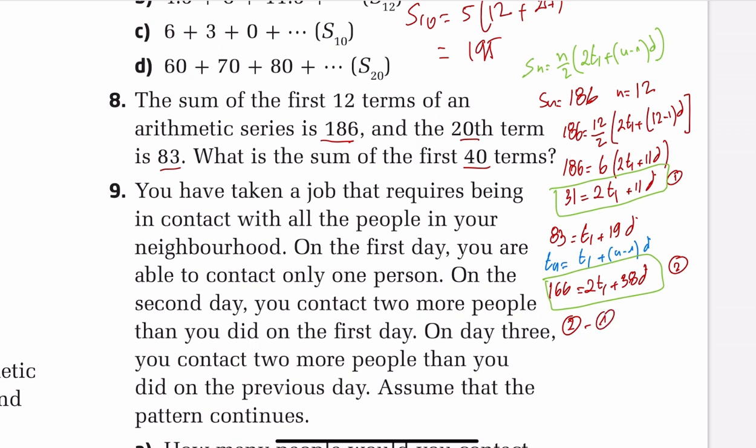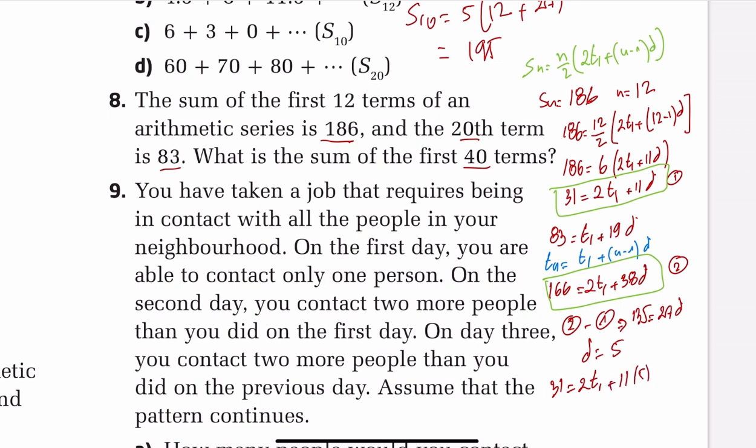So equation 2 minus equation 1 will give me 135 is equal to 27d. From there, d is equal to 5. And I find my d. I can directly substitute my d into any of the equations. For example, 31 is equal to 2T1 plus 11 times d, which is 5.